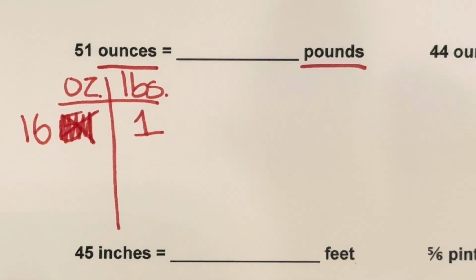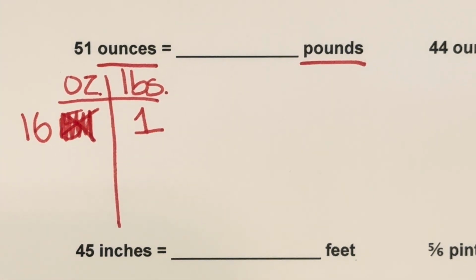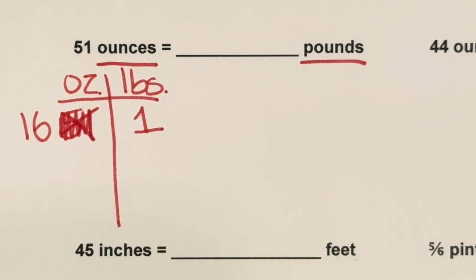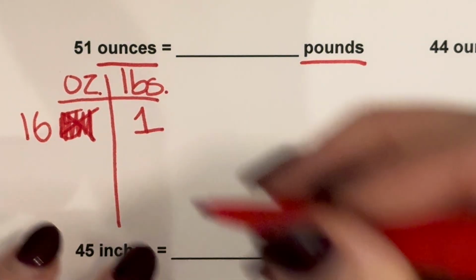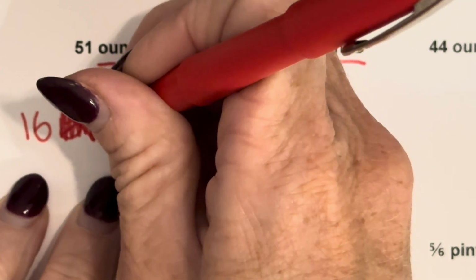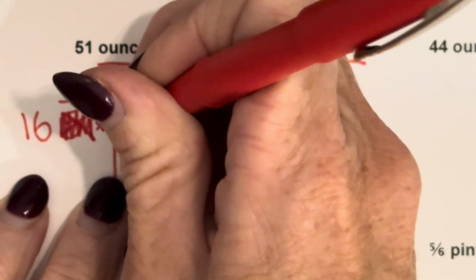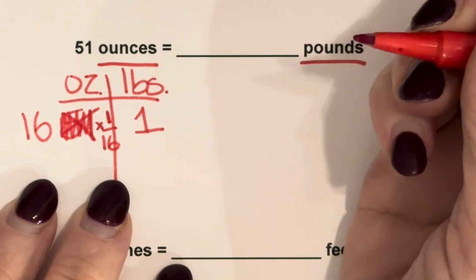So 16 times what equals 1? That's a little bit weird here. It's not going to be a whole number. This is what it's actually going to be. 16 times 1/16 equals 1.